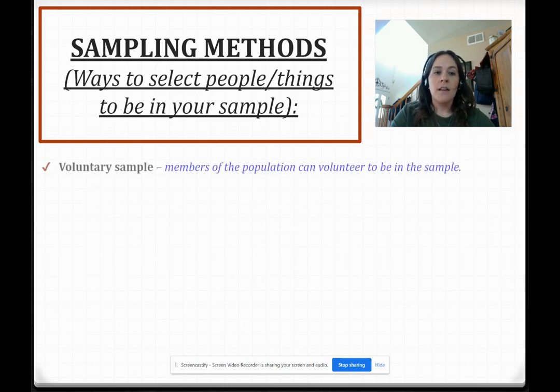Now, there's several sampling methods that are available. I'm going to talk about each of them, try and give you an example, and talk about the pros and cons of each. The first is called voluntary sample. This is when members of the population can volunteer to be part of your study.